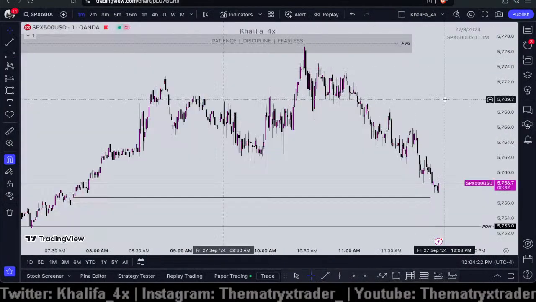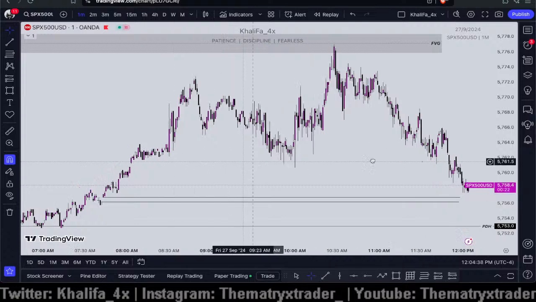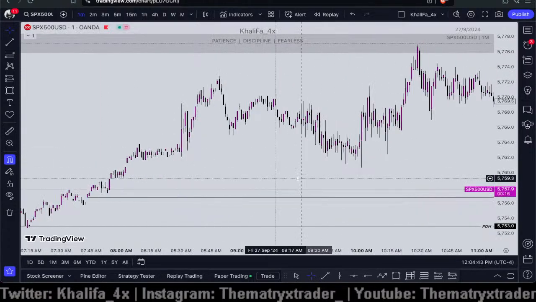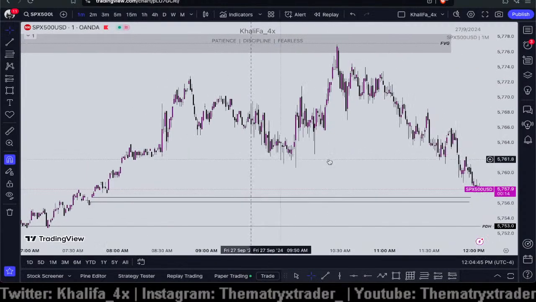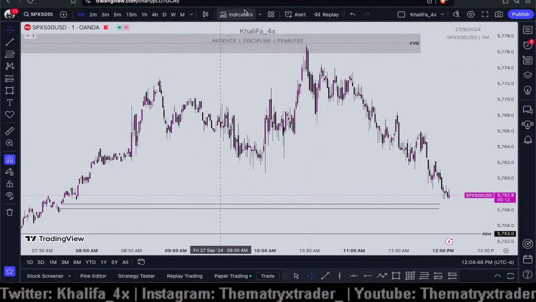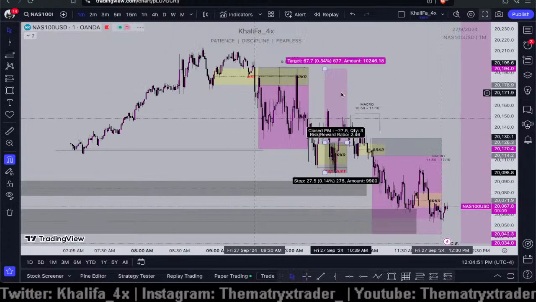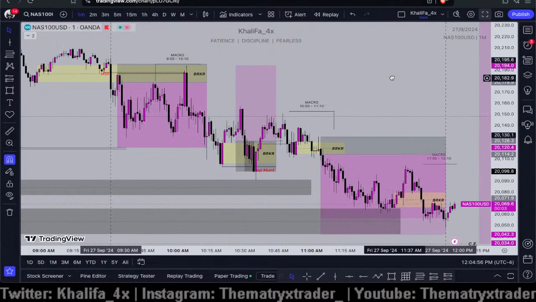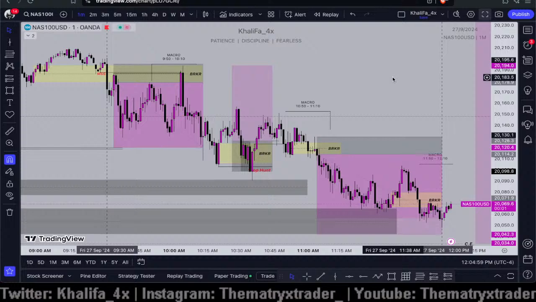Now I believe my target is right. I targeted the right thing, as we have this volume imbalance or gap over here. The same thing, I closed this fair value gap, like the 5-minute fair value gap.